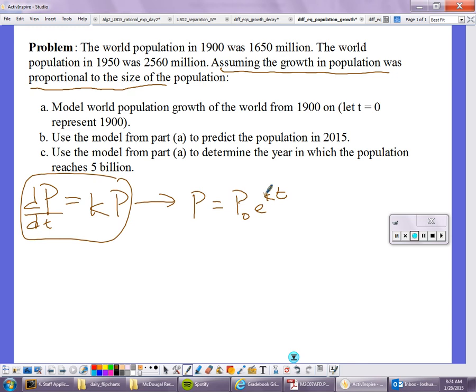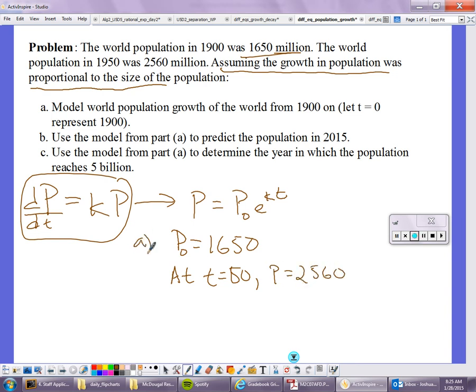Well, we know that P0, if that's 1900, is going to be 1,650 million, which I'll just write as 1,650. We know that at t equals 50, right, 50 years later, 1950, P equals 2560.